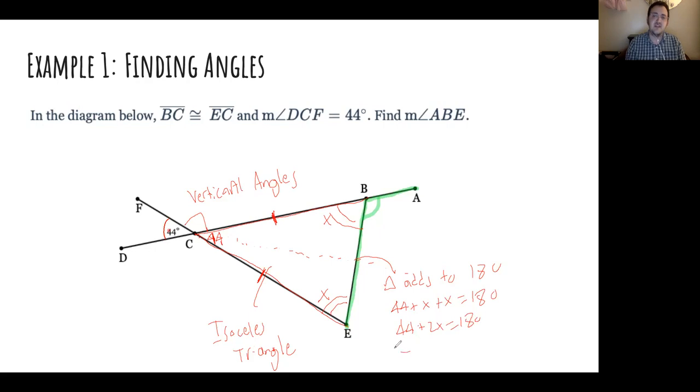And I'm going to subtract 44 on both sides. That's 136. I'm going to divide by 2. So therefore, X is equal to 136 divided by 2. And that is going to be 68.